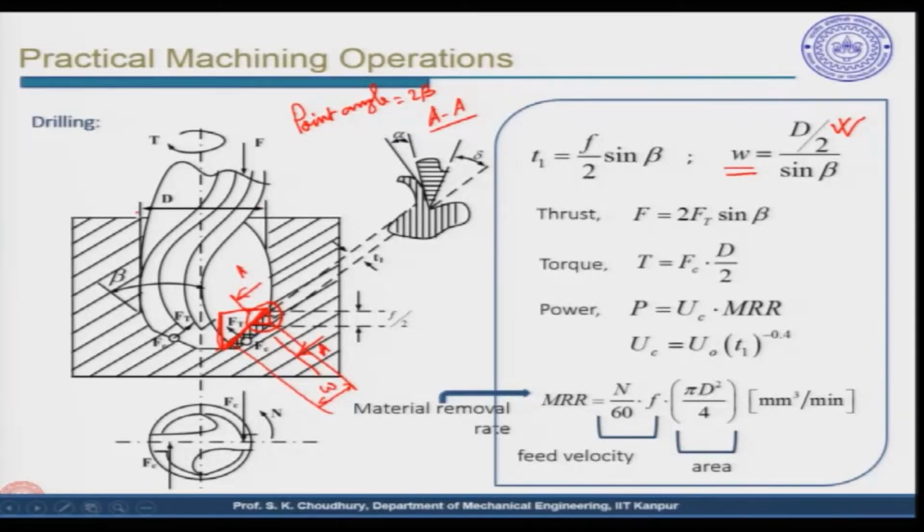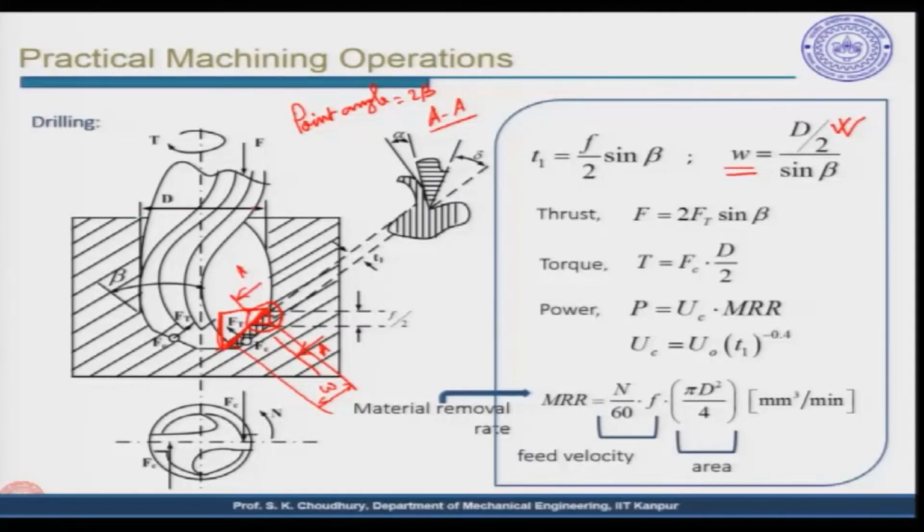Here d is the diameter of the drill or the diameter of the hole that is being drilled. By the way, when we are drilling a hole, normally the hole diameter becomes a little more than the drill diameter, because the drill vibrates. So, we cannot say really that this is the same, it will be slightly different, but let us assume that d here is the diameter of the hole. So, this will be d by 2 divided by sine beta. Beta, once again, is half of the point angle.